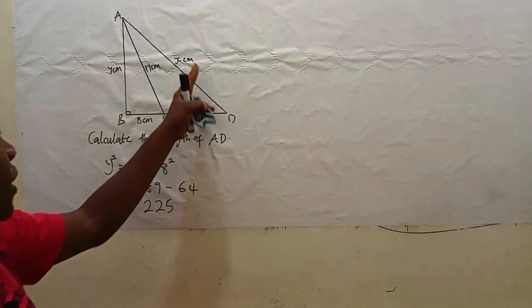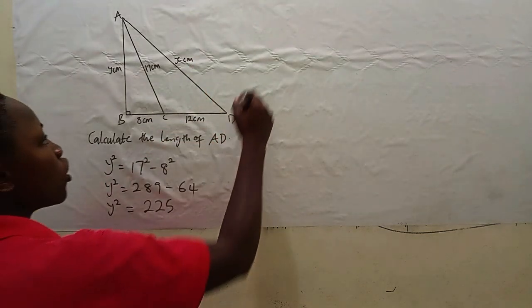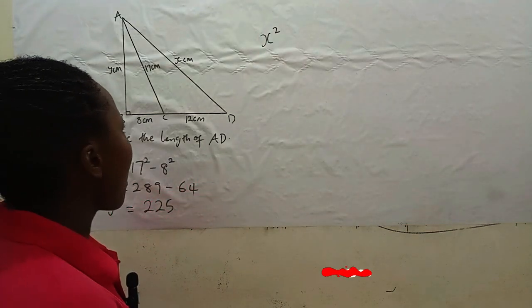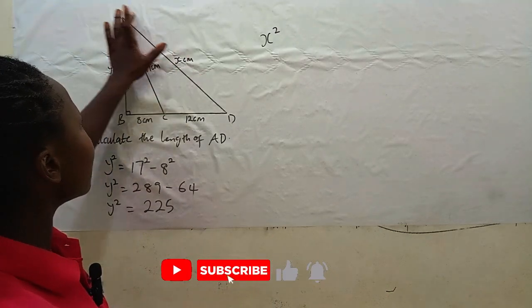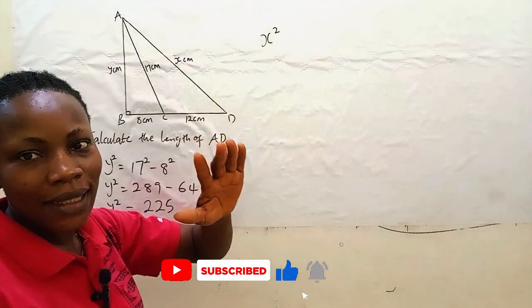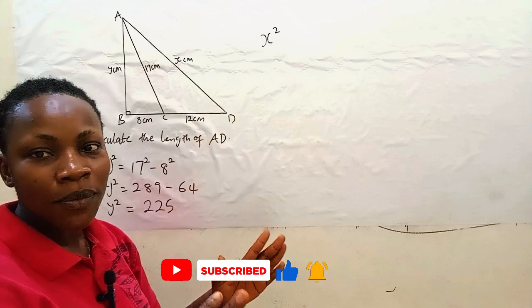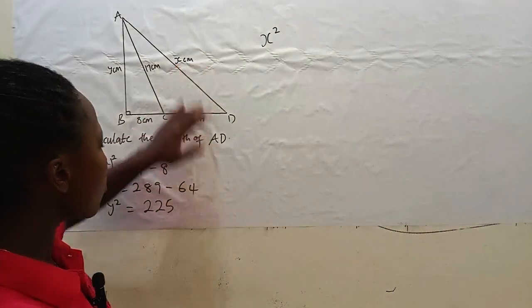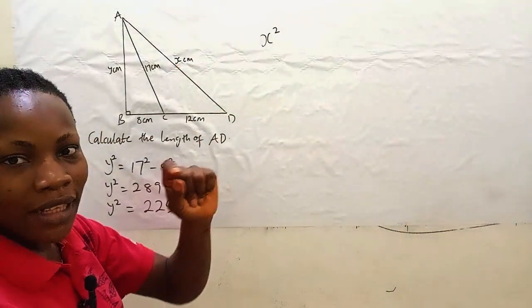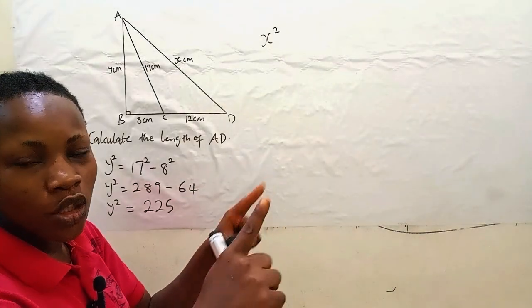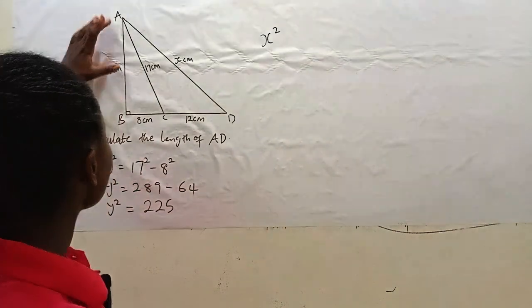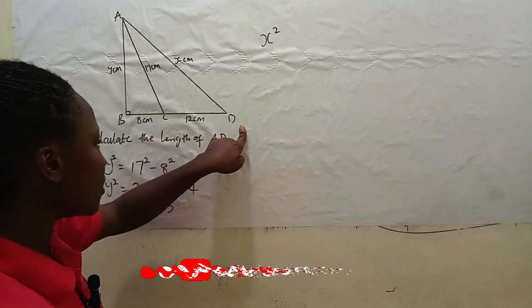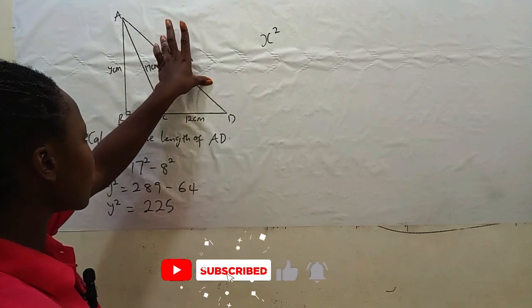Alright, so in finding the value of our x, we are going to have x square. Now, since our x square is the hypotenuse side, that is the side facing the right angle, what we are going to do here is not subtract, rather we are adding the square of the other sides, that is the square of AB to the square of BD, for us to be able to find here.